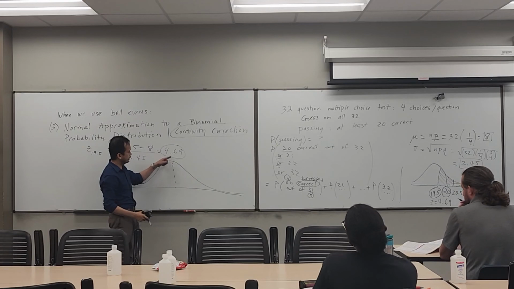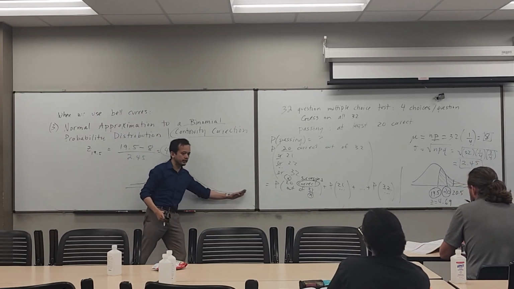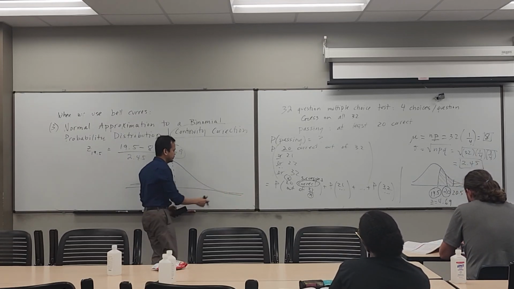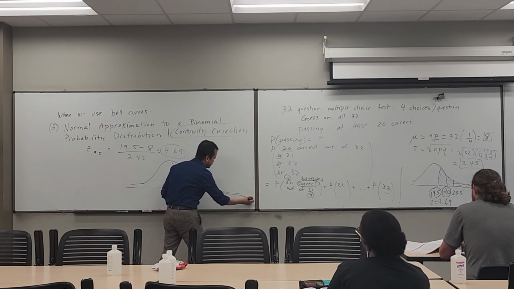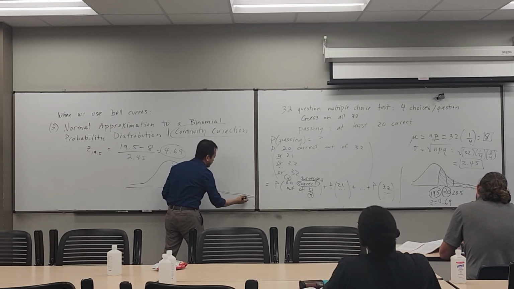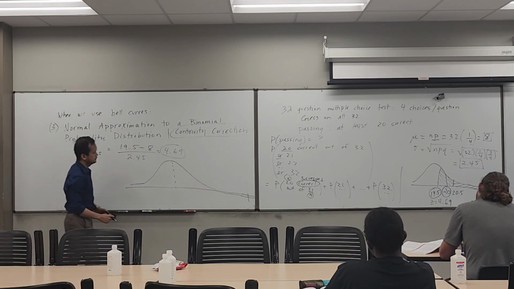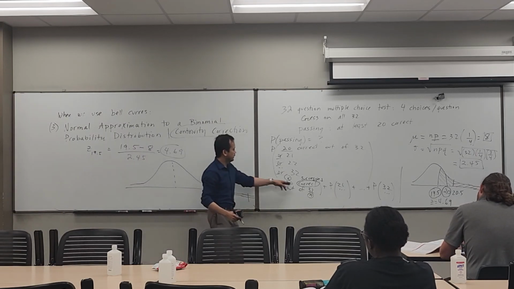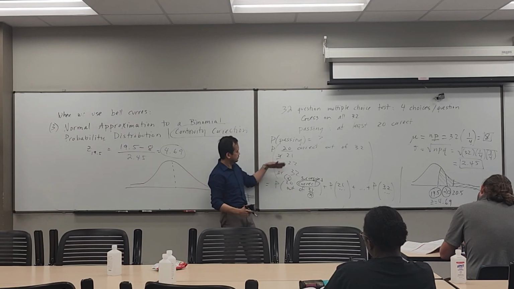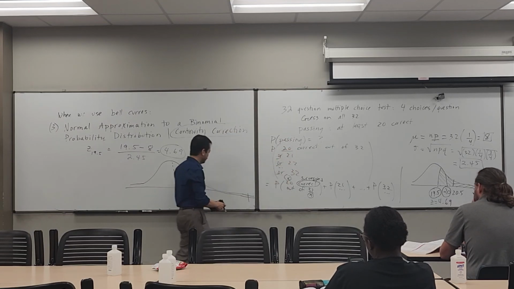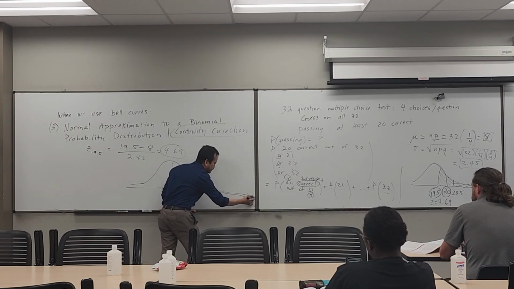So starting there at the center, we're going to move 4.69 standard deviations to the right. So that's actually very far to the right here. And we're essentially trying to find, because we want the probability of passing, which is 20 correct or more, we want a right area. So ultimately, we're going to find this right area here of a z-score of 4.69.